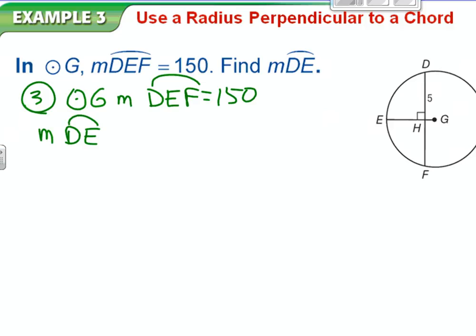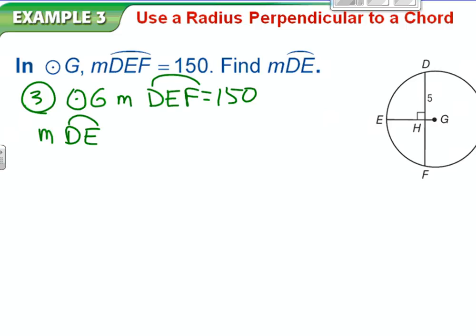Just a little side note from earlier work in this chapter. If you visually look at arc DEF, notice it's less than a semicircle, so it is a minor arc. But remember, a minor arc can be written with 3 points or 2 points. In this case, they're using 3, probably because they're also using just arc DE as we look at that.